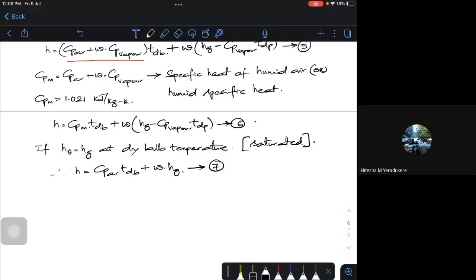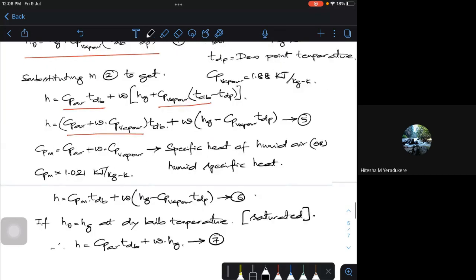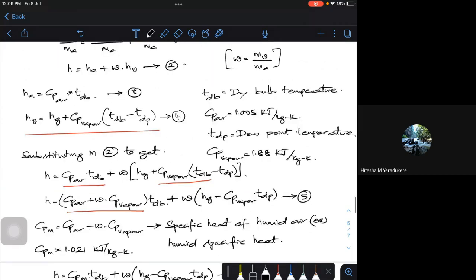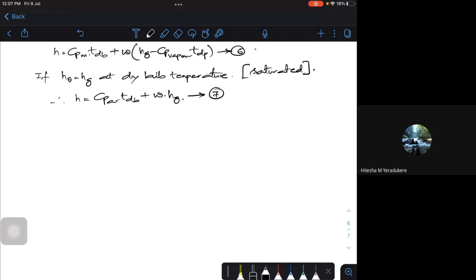For saturation, Hg will be something like 2500 plus Cp as 1.88 into Td. So this time I'm going with only the dry bulb temperature, not Tdp. So, a better approximation.